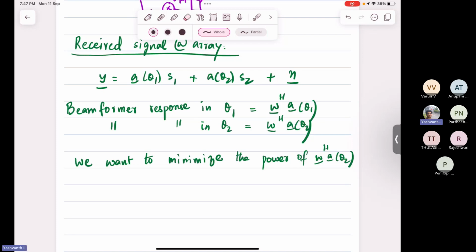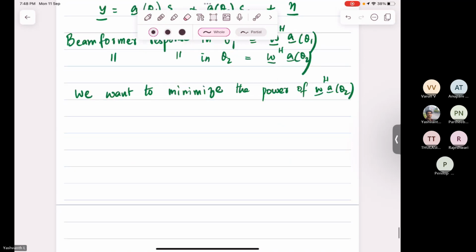So that's why what you need to do is formulate an optimization problem. Let's write down the optimization problem.